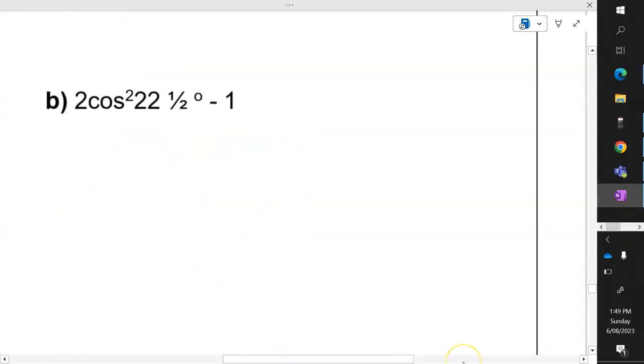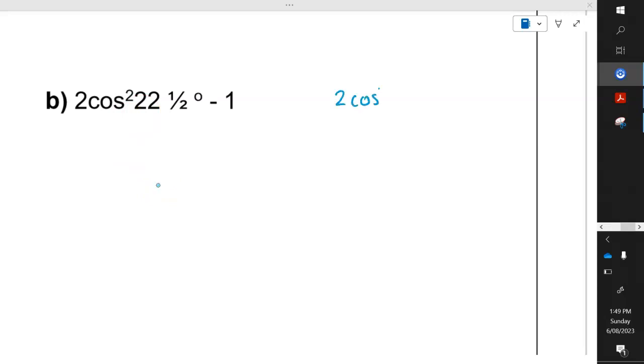Let's look at the next one. Okay, 2 cos squared of 22.5 degrees minus 1. Okay. So I can't just look at that question and see what's happening. So let's just get rid of that angle and write it as 2 cos squared a minus 1, where a is 22.5.